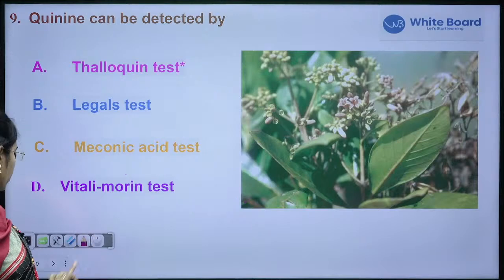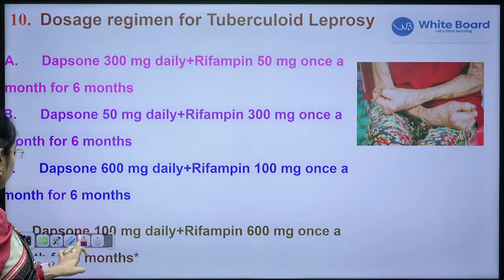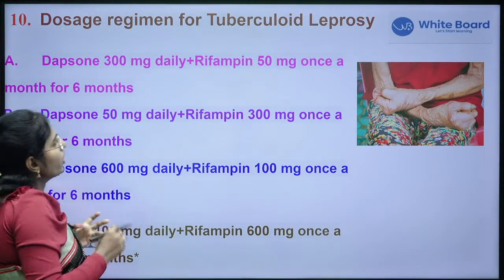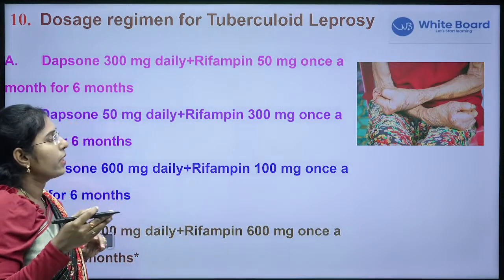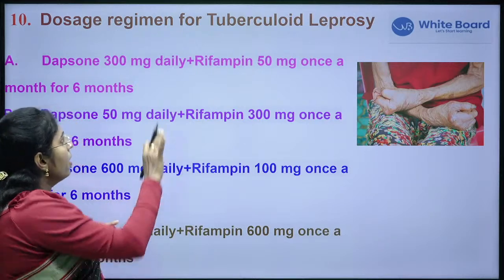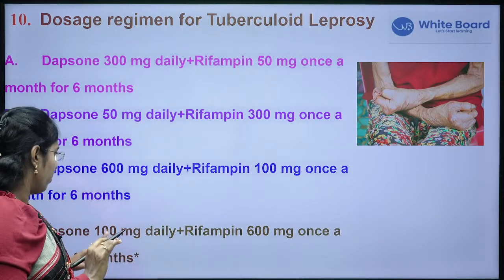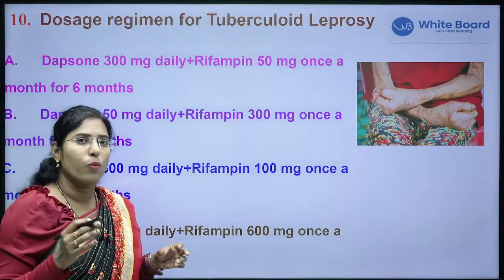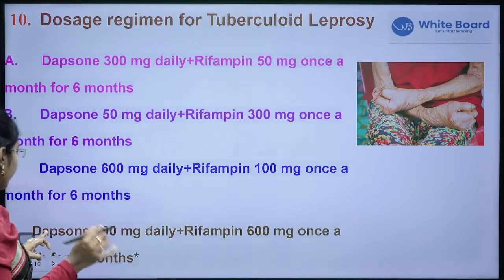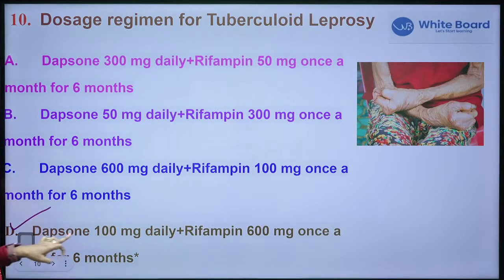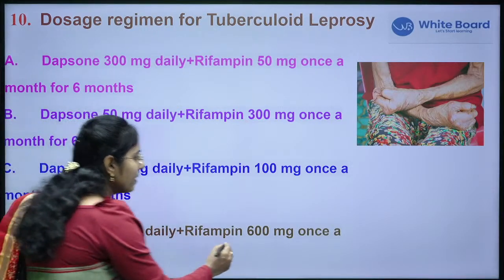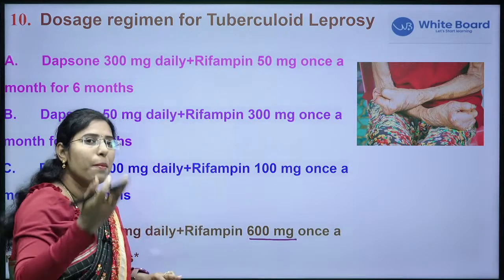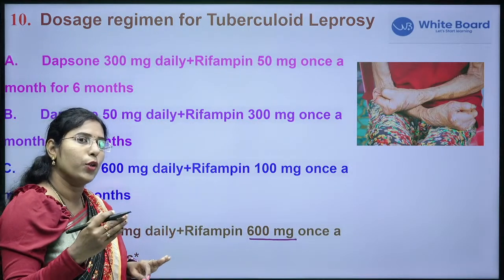Coming to the next question, dosage regimen for tuberculosis leprosy. For a person affected with leprosy, what is the dosage regimen? In general, the World Health Organization has recommended dapsone 100 mg daily plus rifampicin 600 mg once a month, continued for 6 months.